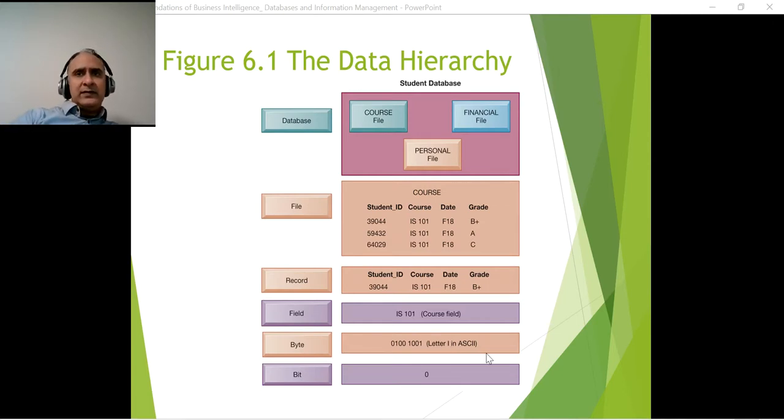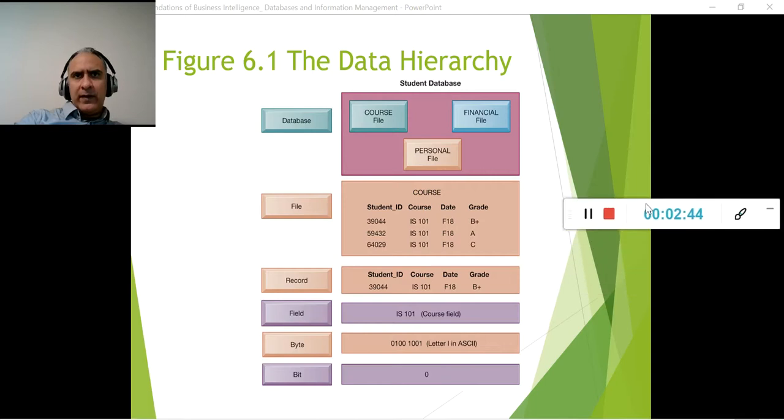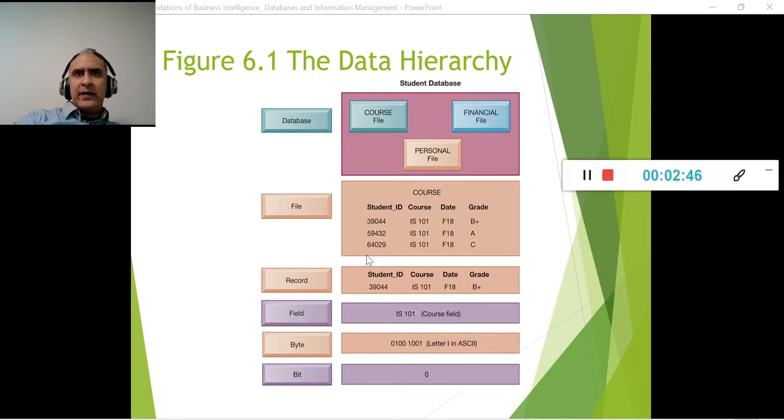These are letters in ASCII mode, and ASCII is a mathematical programming language which all the computers are based on. Even your Windows, the video that you're looking at me now, is based on zeros and ones. So anyways, we have there the bit. We're not going to go into the technical part of it, into the bytes and the bits. But yes, the field, the record, the file, the database, it is important that we have clear what it's all about.